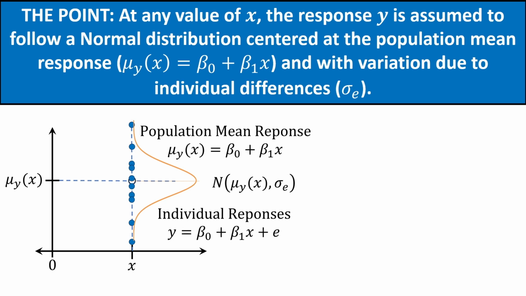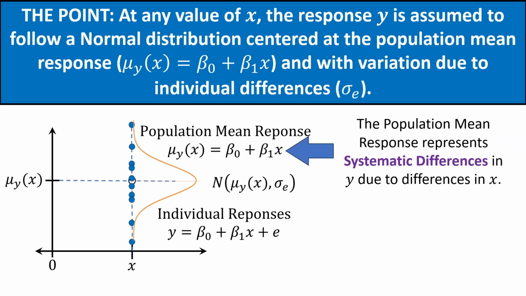At any value of x, the predictor variable, the response variable y is assumed to follow a normal distribution centered at the population mean response, which is the systematic component of the model, and with variation due to individual differences, which is the random component of the model. The population mean response represents systematic differences in our response due to differences in the predictor.